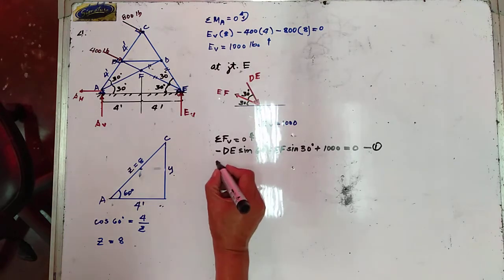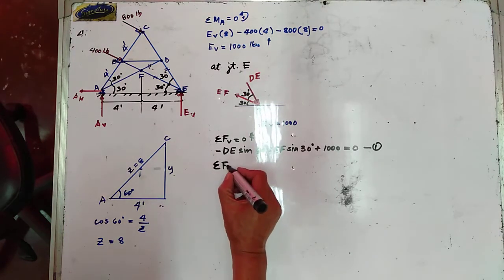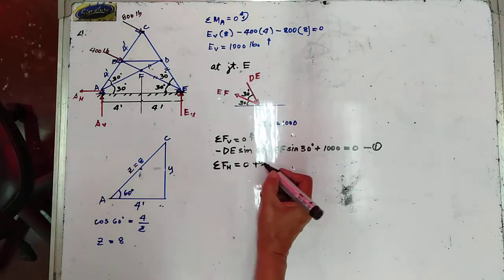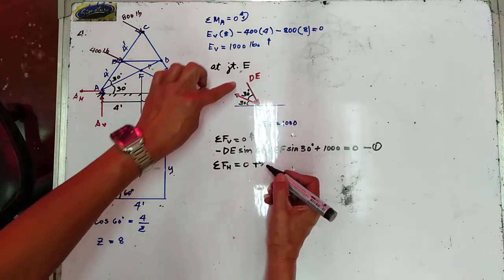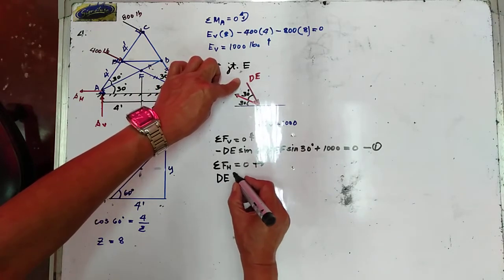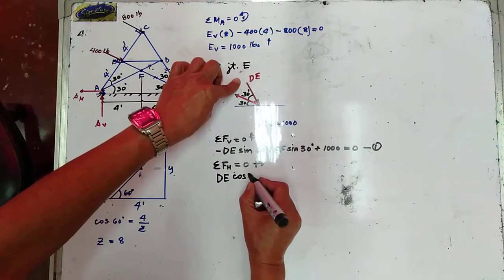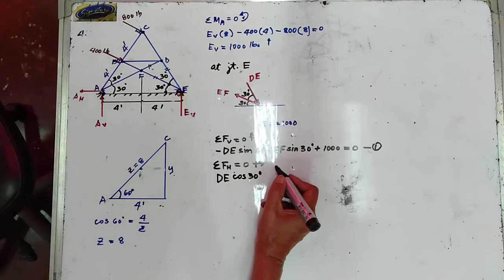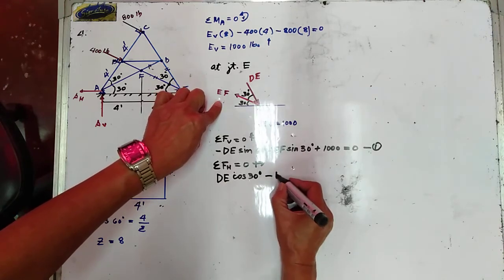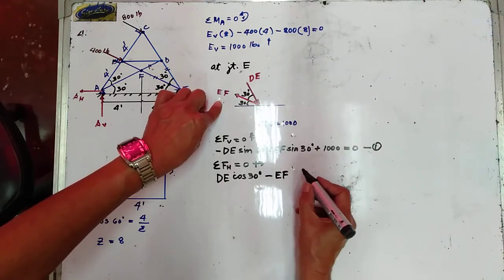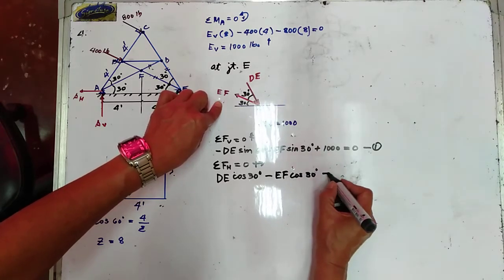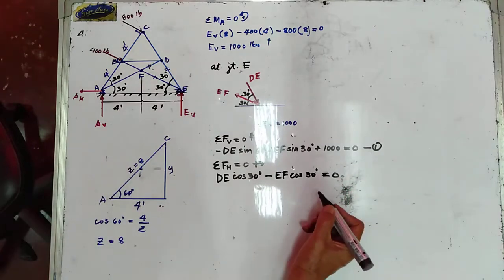Next, summation of forces horizontal is equal to 0, to the right forces positive. So the horizontal component of DE, multiply this one by cosine of 30 degrees, minus the horizontal component of EF, which is EF cosine of 30 degrees, and that one is equal to 0.